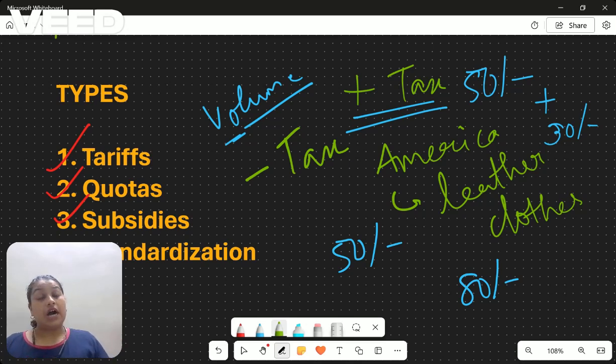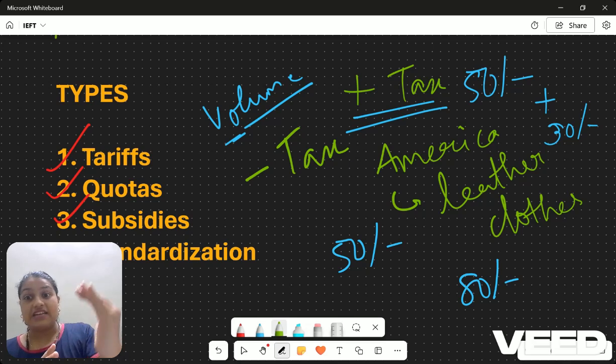So if any other foreign traders want to sell their leather bags, then they will have to meet that much standardized level, so that they can compete at that level. Only if they reach that standardizing level will the other customers be ready to trade for it. So that is about standardization.